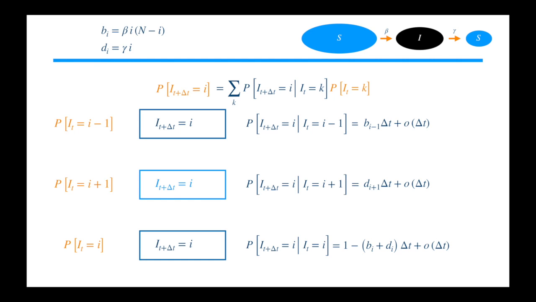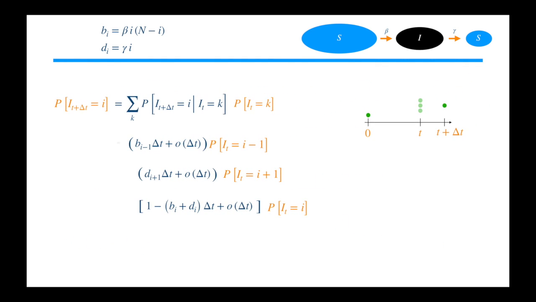The combination of British and Russian names makes it sound complicated, but all it's saying is that the probability of infection increasing from some initial value at time 0 to I at time t plus delta t is equal to the probability of the number of infections going from the initial value at time 0 to some intermediate value at time t, and then from the intermediate value at time t to I at time t plus delta t, summed over all possible paths. As the time interval between the intermediate point and the final point is very small, which is our delta t, we only need to worry about the 3 possible paths in line with our 3-node tree.